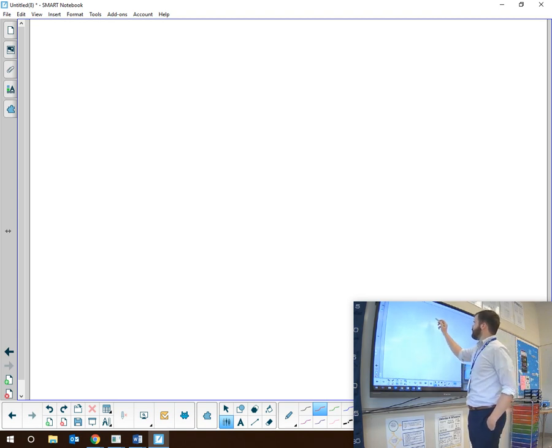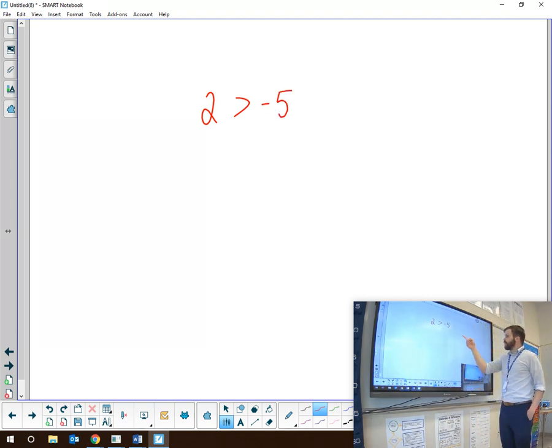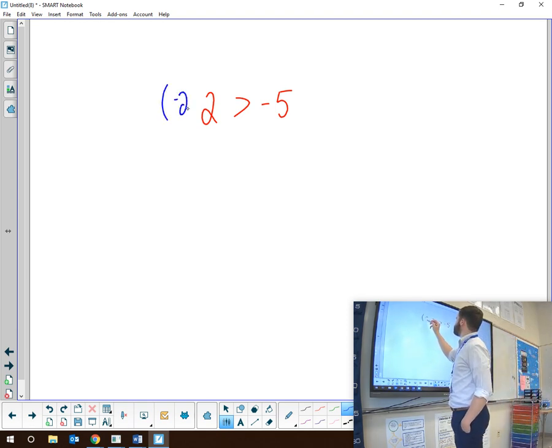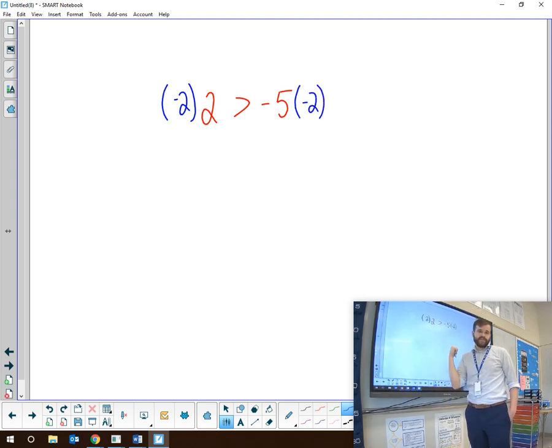So let's say we have this. 2 is greater than -5. We can all agree that that's true, right? 2 is greater than -5. But let's say that I multiplied both sides by -2, okay? Let's say I multiplied this side by -2 and multiplied this side by -2. Well, this is something that I can do, right?